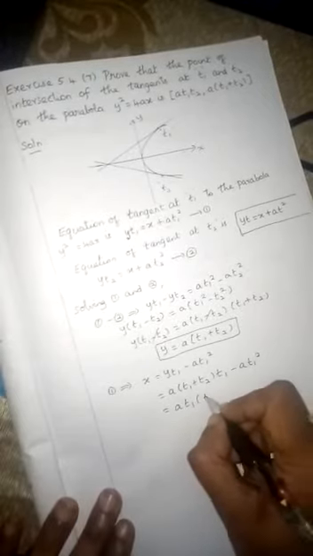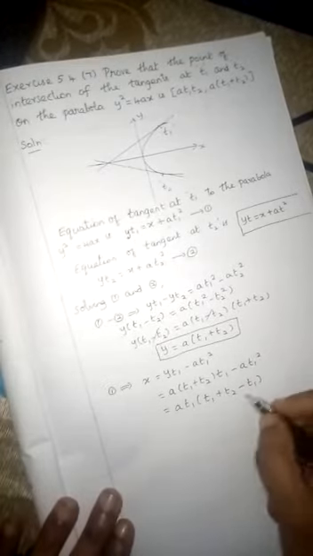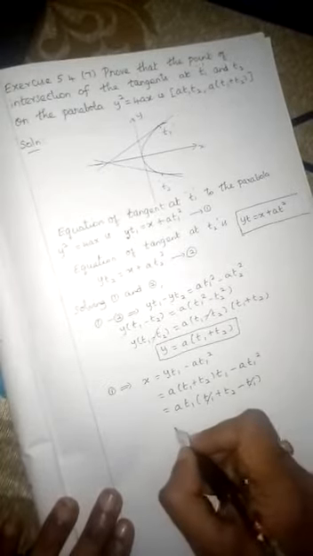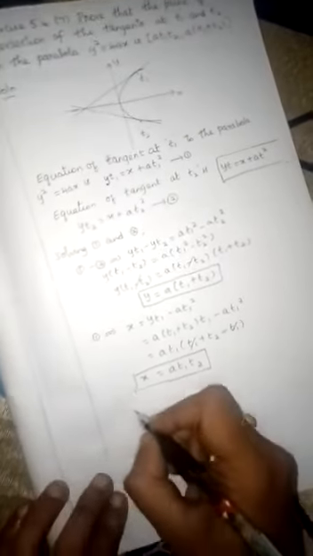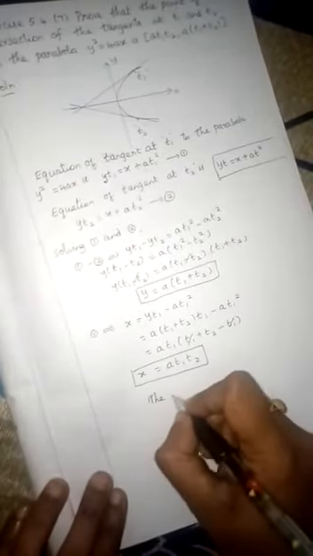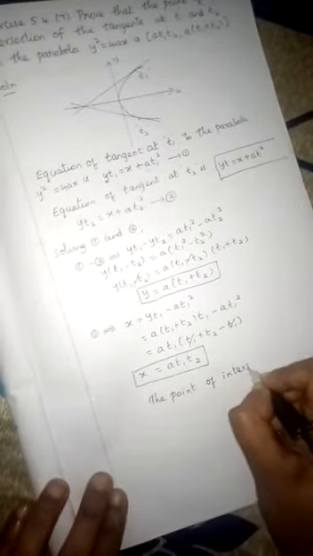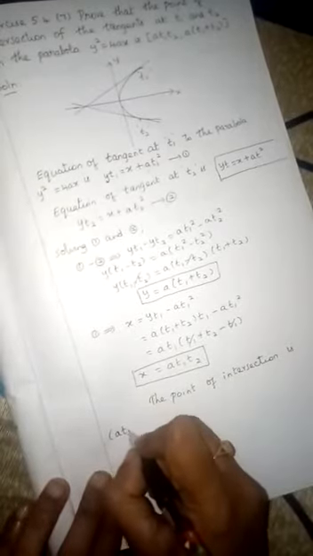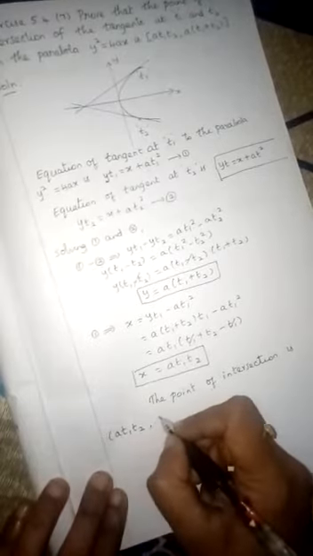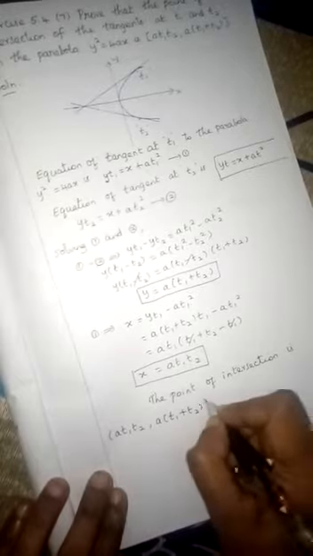So if you take a t1 outside, you'll get t1 plus t2 minus t1. So t1 you can cancel. It is equal to a t1 t2. This is the value of x. Okay. Therefore, the point of intersection is a t1 t2 comma, then y value is a into t1 plus t2.